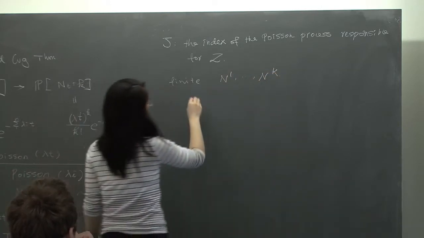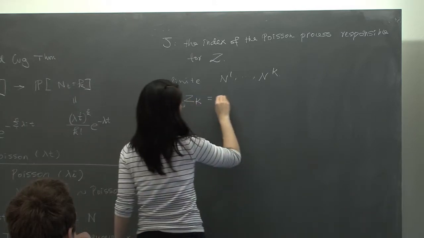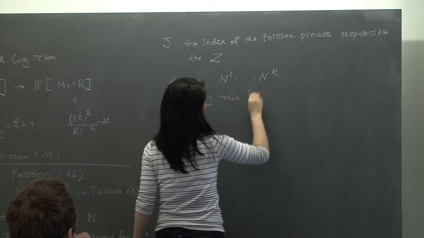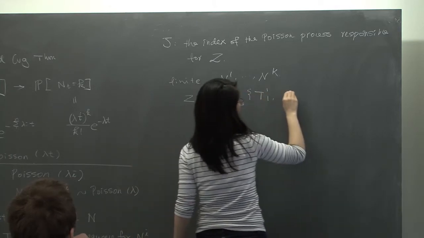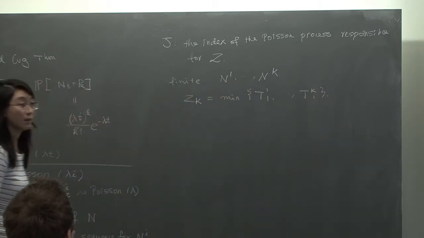Then we define the corresponding first event Z_k, which is just the minimum of the first event times.